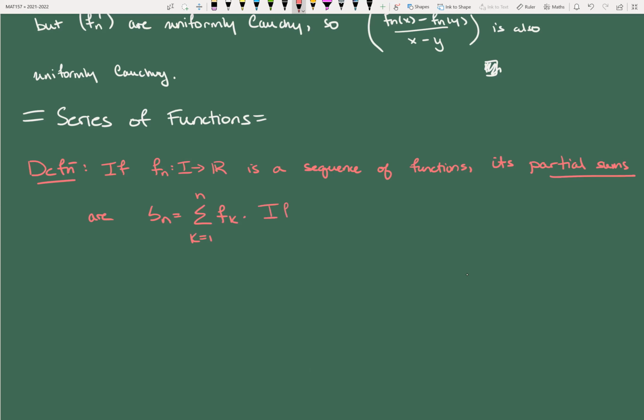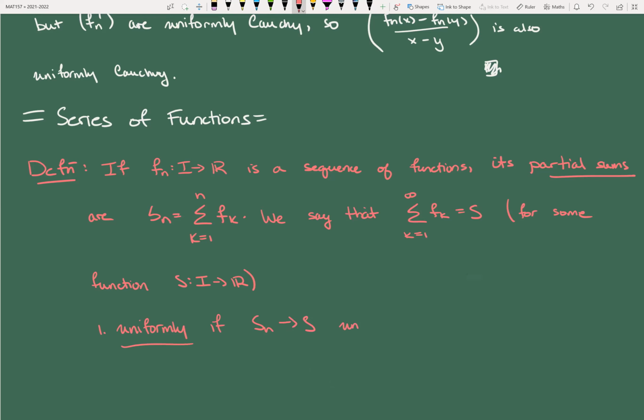So we say that the sum from k equals 1 to infinity of fk is S for some function S mapping I to R uniformly if Sn converges to S uniformly, and pointwise if Sn converges to S pointwise.